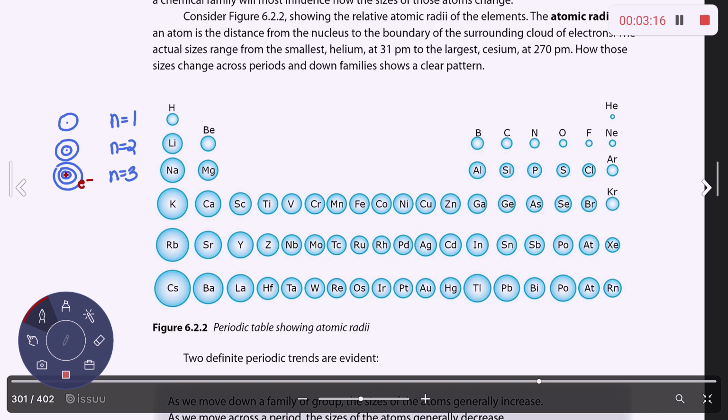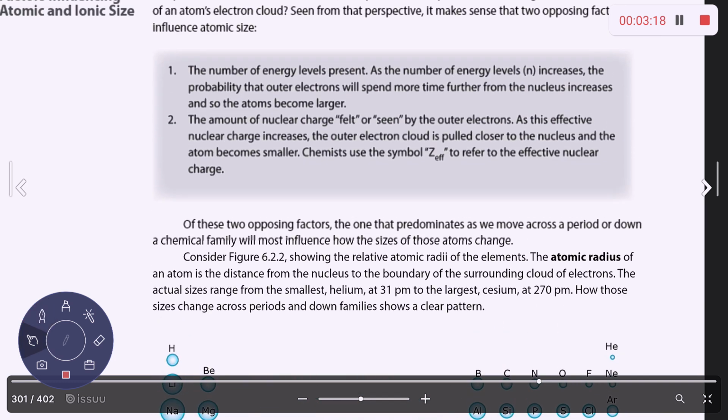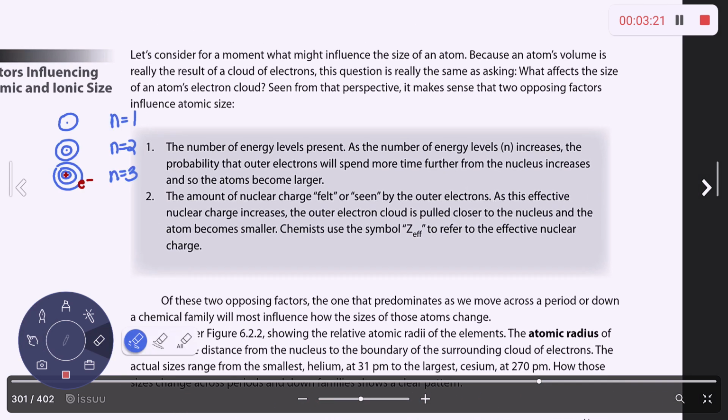Now, in terms of the second factor that influences atomic radius, the amount of nuclear charge, meaning the proton pull that they feel from the nucleus, the valence electrons in the outermost shell cannot feel that as strongly as the number of Ns increases.